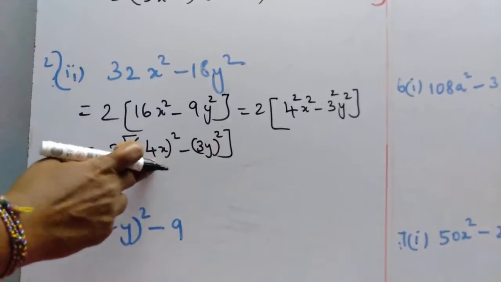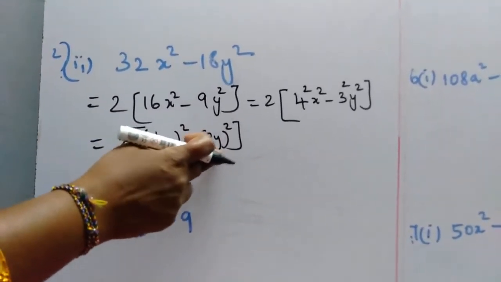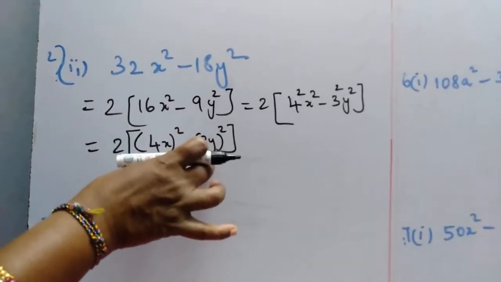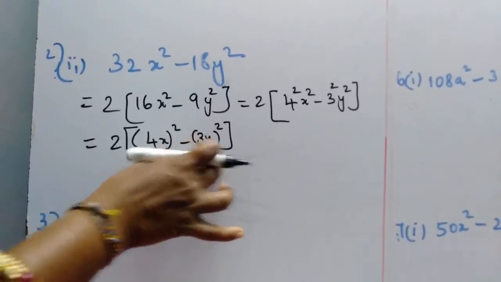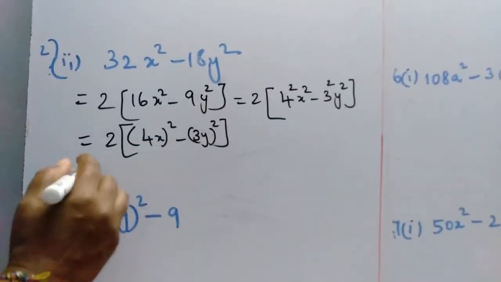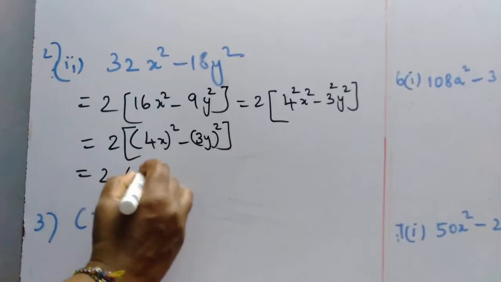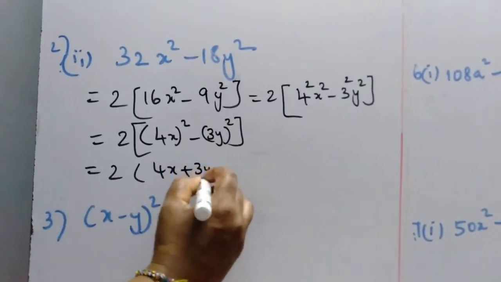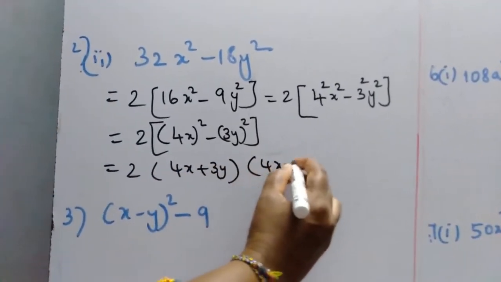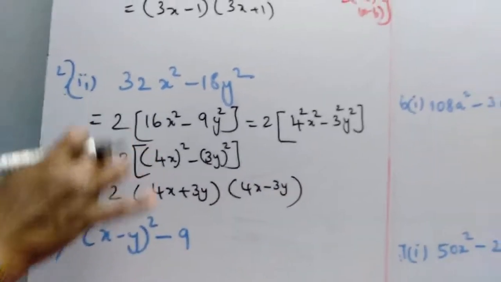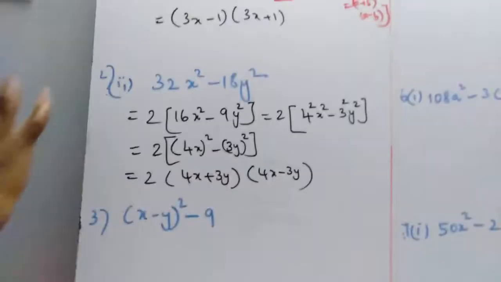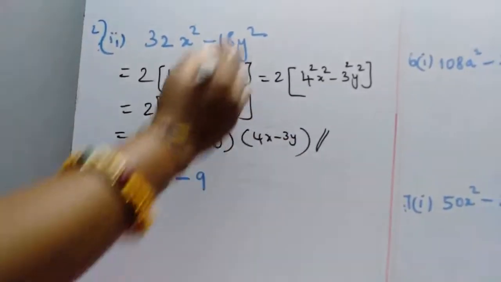This is in the form a square minus b square. Wherever we use this property, write the reason in the side corner. And this can be expanded as 4x plus 3y into 4x minus 3y, and outside 2 is common. We want to write it for all the steps. So this is the solution.